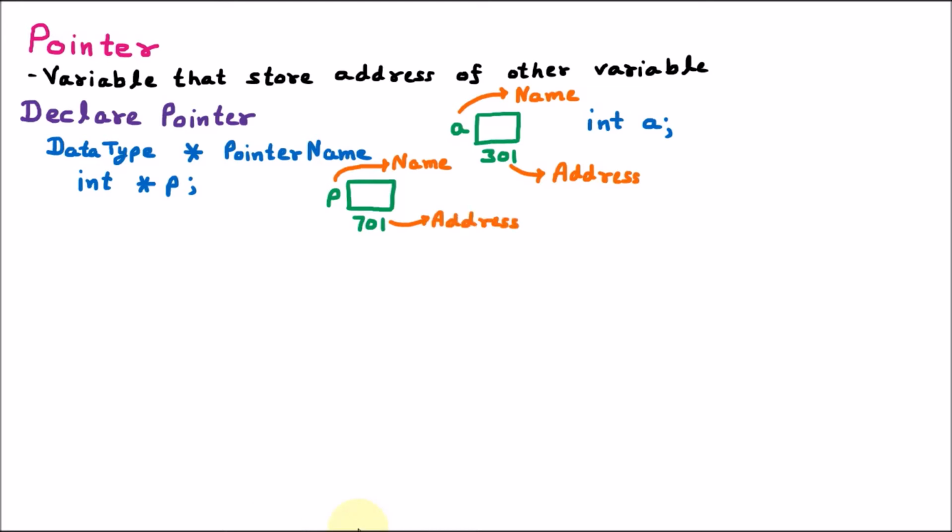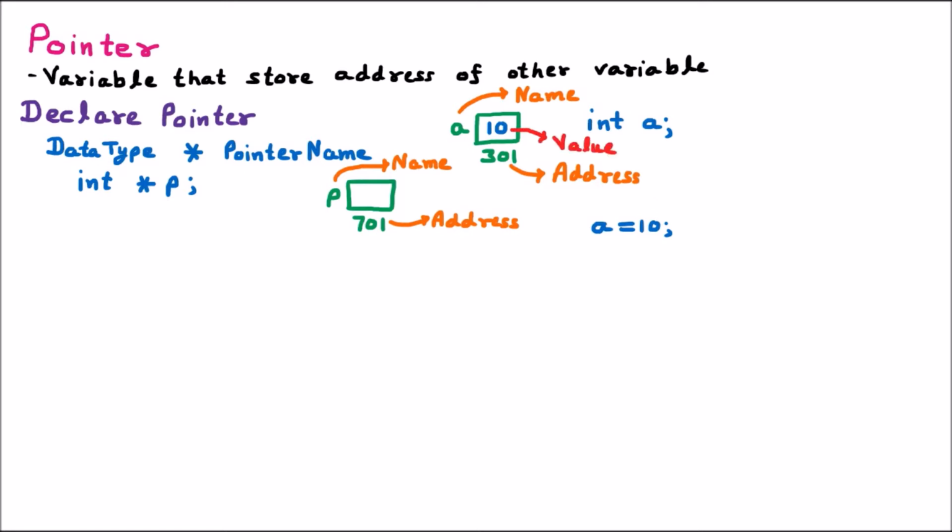When we are dealing with the variable, we know how to initialize the variable. While initialization, we normally write, let's say, a is equal to 10. That means this 10 value will be stored into the variable. So here 10 is the value.